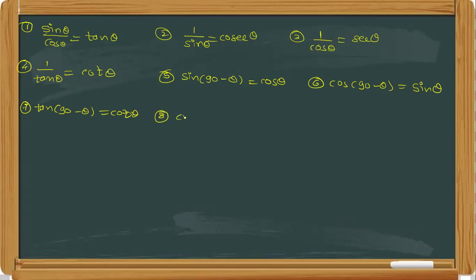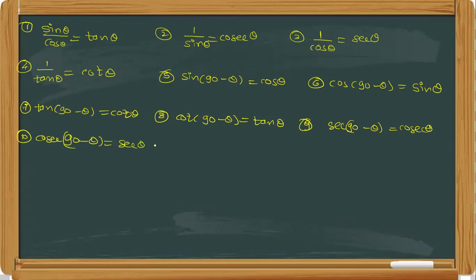Eighth, cot of 90 degree minus theta is equal to tan theta. Ninth, sec 90 degree minus theta is equal to cosec theta. 10, cosec 90 degree minus theta is equal to sec theta.